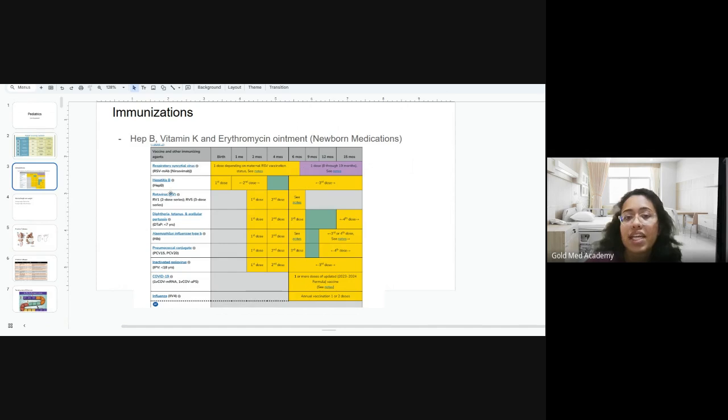So to prevent that, to prevent any infection from getting into the newborn, we give them that erythromycin ointment. Same thing with Hep B. Hep B vaccinations are given to your infants for that particular reason as well, to prevent any hepatitis B related infections that they might have contracted from mom. And usually this is all given within 24 hours.